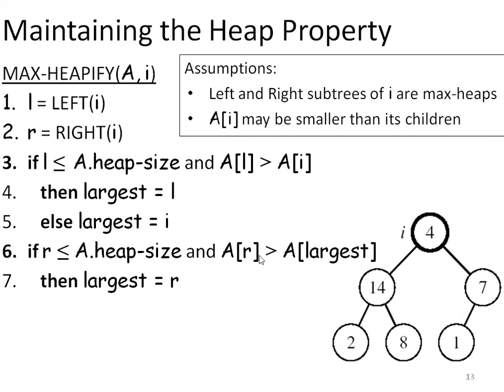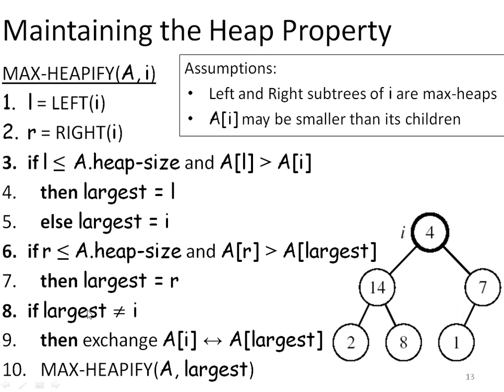If these two conditions are satisfied, then we update largest to R at line number 7. So from line number 3 to 7, we have simply identified the largest value among these three values. Once we have identified it, we check if largest is not equal to I, then we exchange A[I] with A[largest].